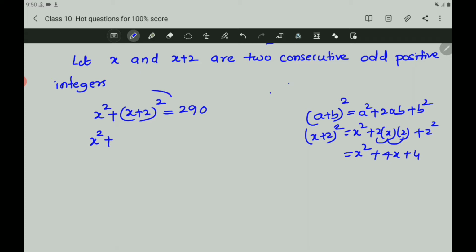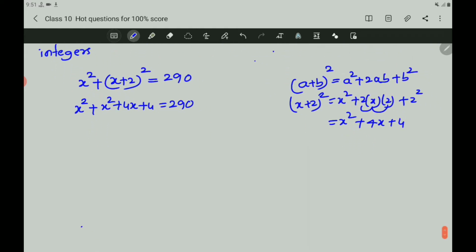So the expansion of x plus 2 the whole square is x square plus 4x plus 4, equals 290. Then you can add this x square and x square. What is the sum of x square and x square?